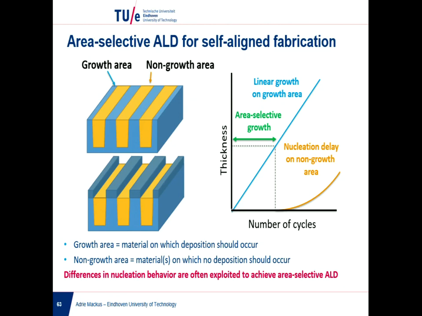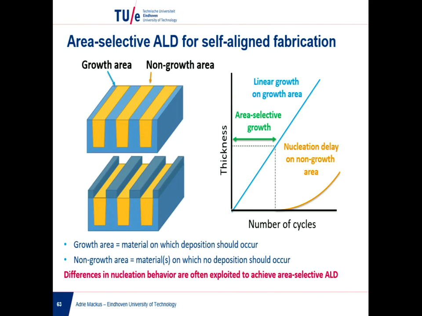In the example of the self-aligned fabrication of interconnects of the last slide, the dielectric is the growth area, and the copper, on which we don't want to grow, is the non-growth area. So what we're looking for is something like this. We would like to see immediate growth on the growth area, and maybe it takes a while before the growth starts on the non-growth area. If you have a certain nucleation delay before the growth starts, then we can make use of that to have selective deposition on the growth area.